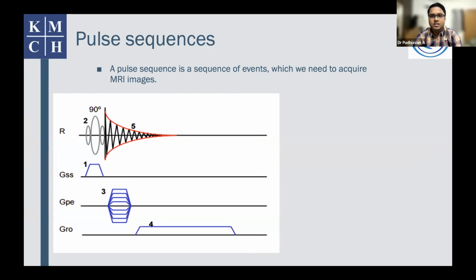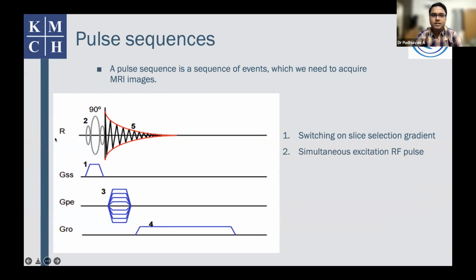A pulse sequence is nothing but a sequence of events which is used to acquire an MR image. I'll just go through the step-by-step process. First, we switch on the slice selection gradient, for selecting a particular slice, and simultaneously a 90-degree RF pulse is given.